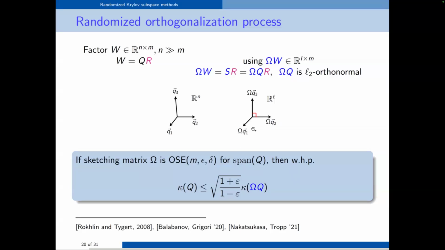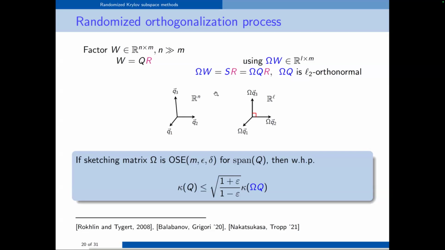So we are going to derive algorithms where the sketches of Q are L2 orthogonal. And if I look at the vectors in Q, they are not orthogonal anymore, but they are not far from orthogonal either. So the condition number of the basis is very, very low. The idea comes from a paper by Rokhlin and Tygert from 2008. And then in the 2020s, it regained attention in the context of Krylov subspace solvers.